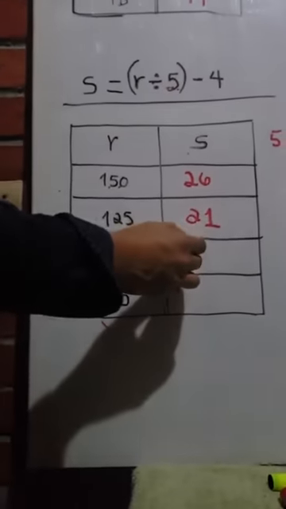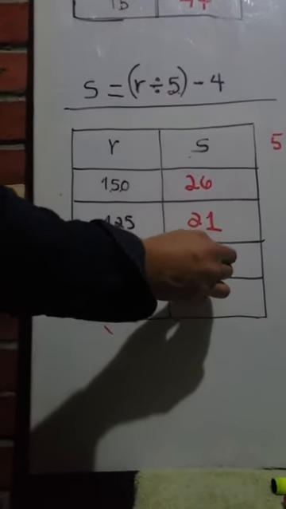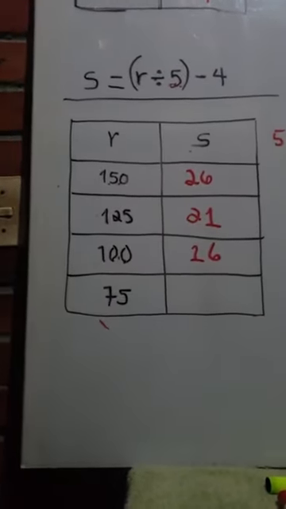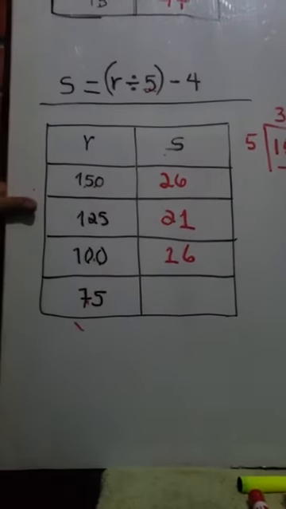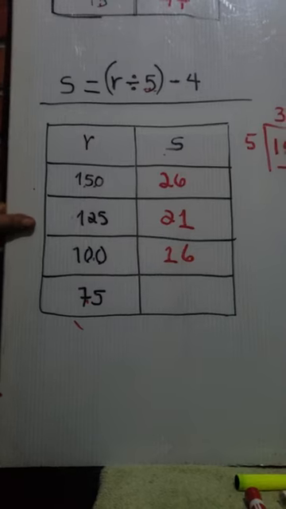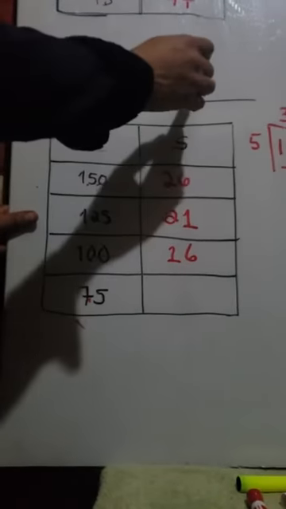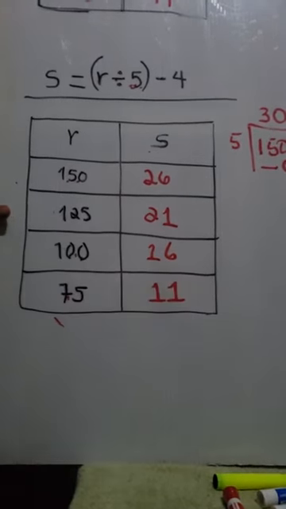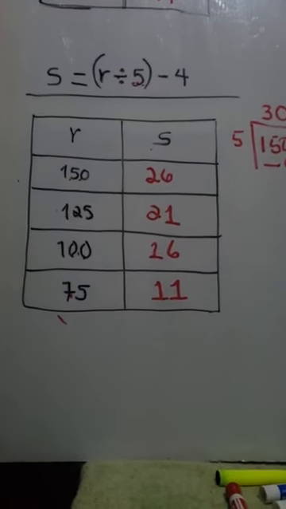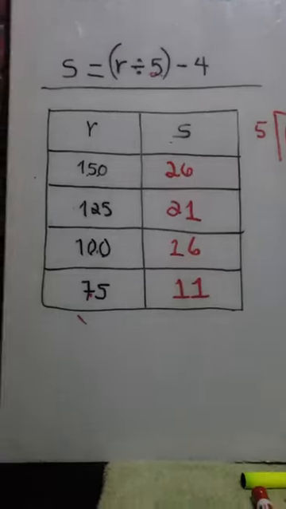Minus 4, 16. 75 divided by 5, that will be 15. Minus 4, 11. And that is how we do these exercises.